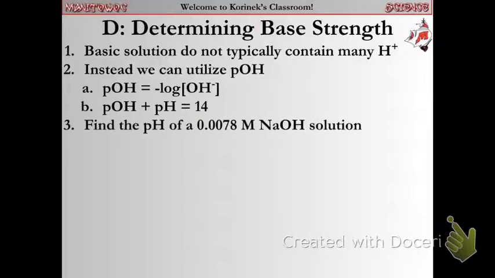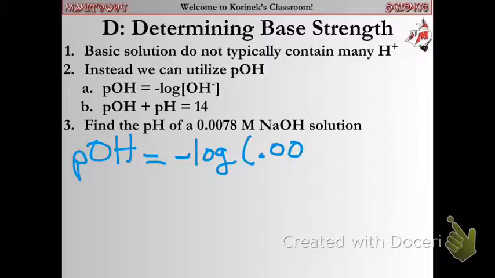So if we had a problem like this, find the pH of a 0.0078 molar sodium hydroxide solution, we'd probably handle it first by finding its pOH. So it'd be the negative log of 0.0078. And then whatever that number would be, we would plug in this pOH number. Let's say that comes out to be smiley face.